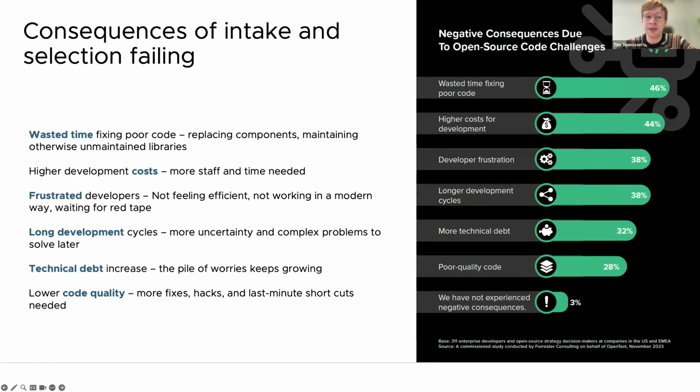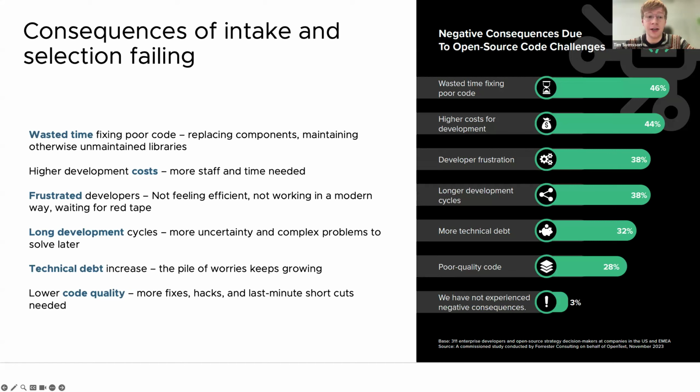Then we have longer development cycles, which also ties into the previous points. There's uncertainty, there are complex problems that need to be solved later. Things pop up late in the development cycle that need to be addressed, and this could have been avoided if it was caught earlier.